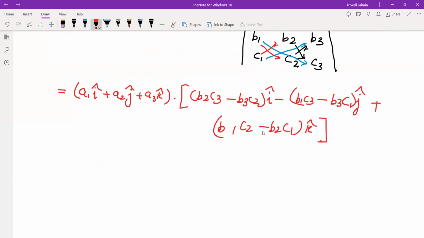Now i, j and k. A1 we can write as B2 C3 minus B3 C2.